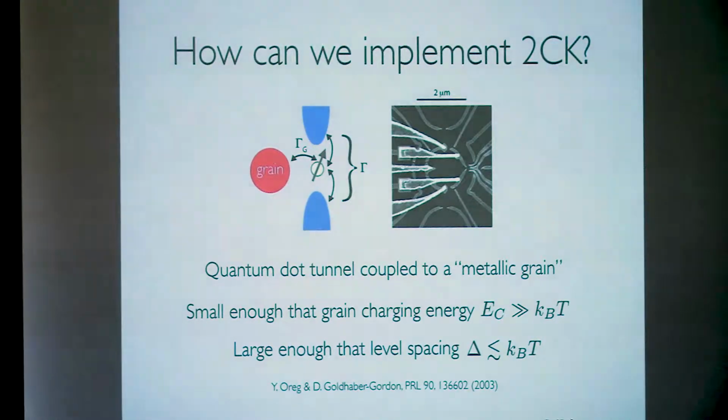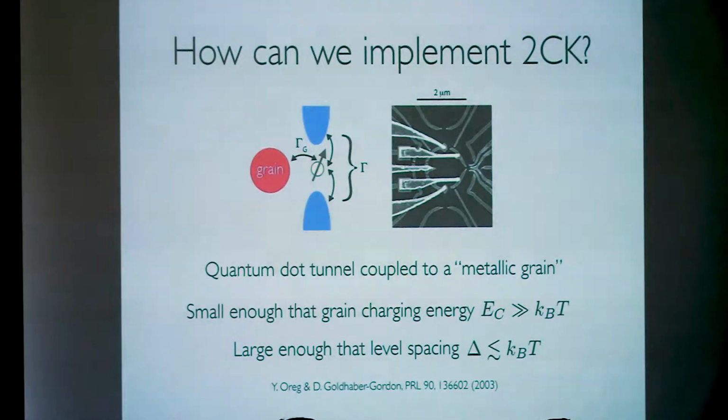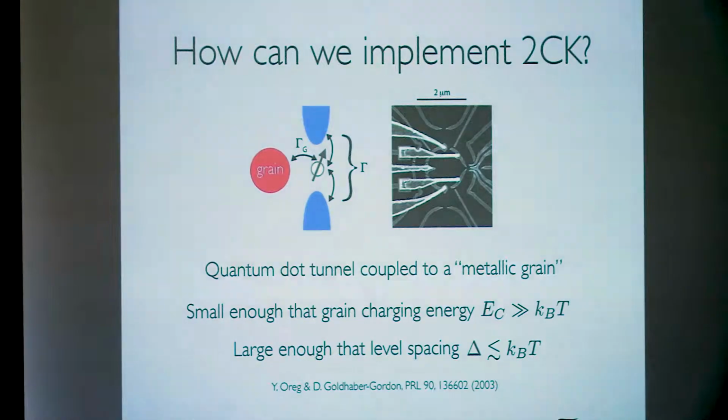We call it that because it's a grain, implying that it's small enough that it has a charging energy much larger than temperature, and large enough, however, that it looks metallic in the sense that the level spacing is roughly temperature or less, such that it looks like a continuous density of states.